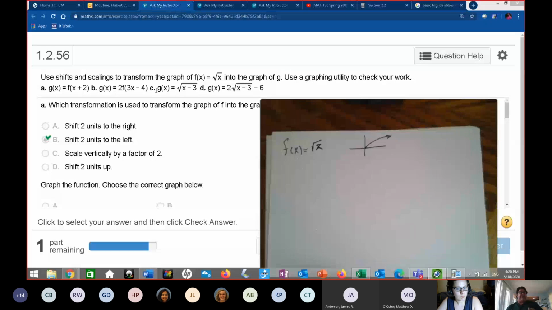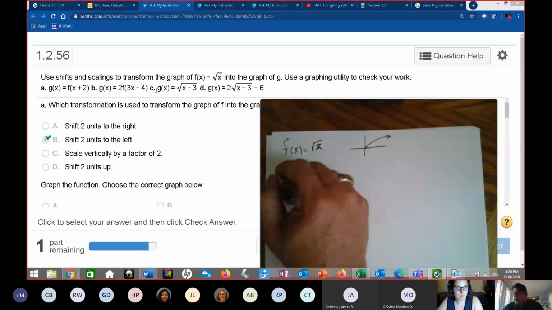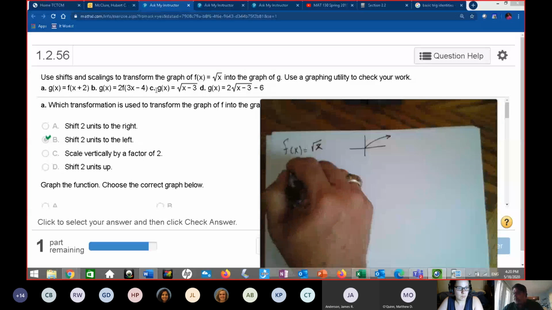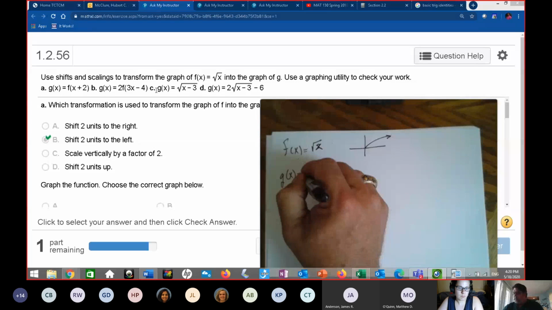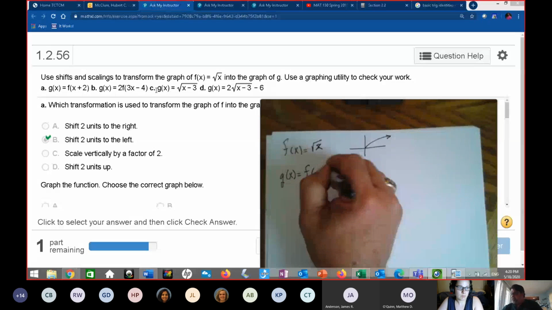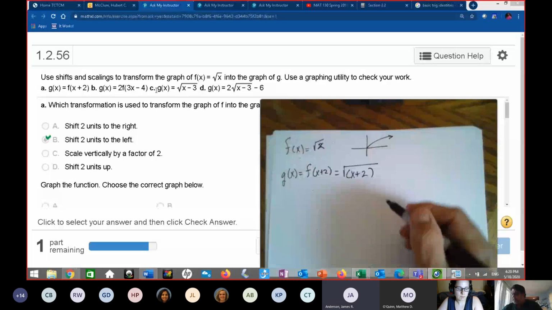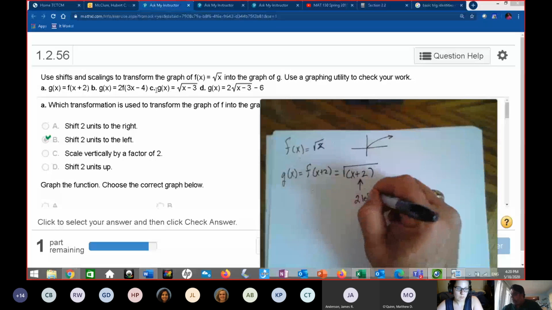So that means that we're going to plug in x plus 2 to the function. So I'm going to rewrite that radical with a big set of parentheses, and I'm going to plug in x plus 2, which means this is a horizontal shift of 2 to the left. So that means that my graph looks like that.